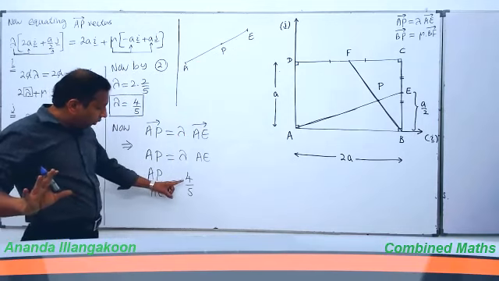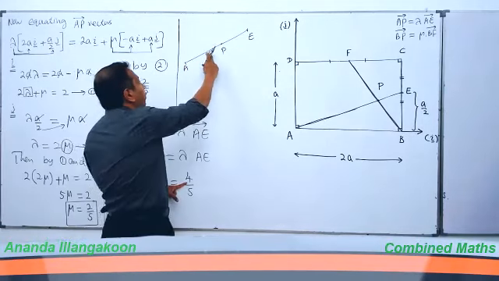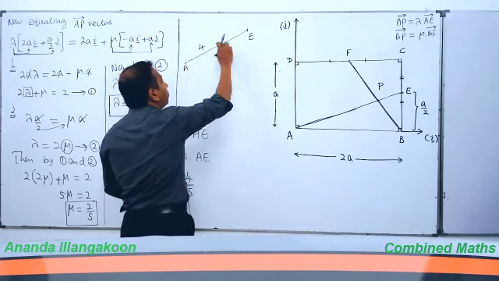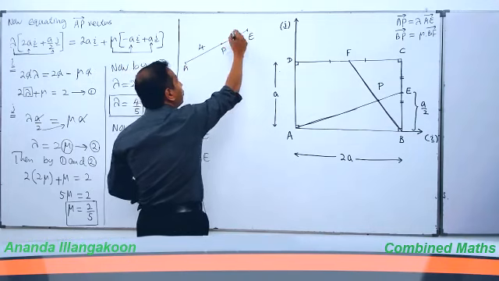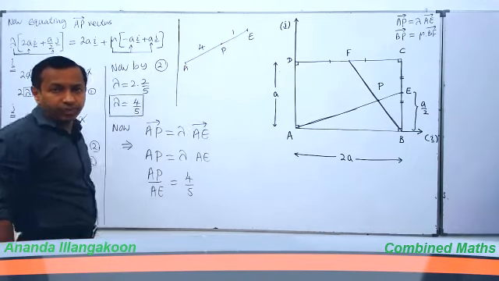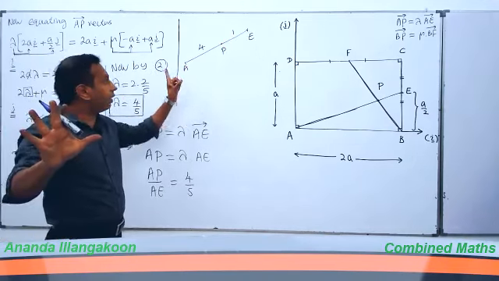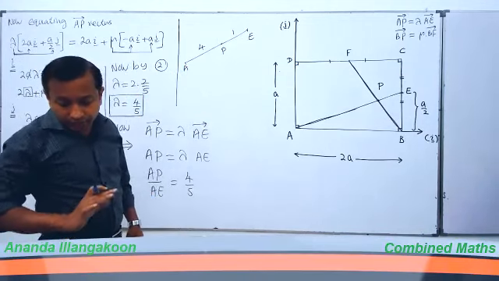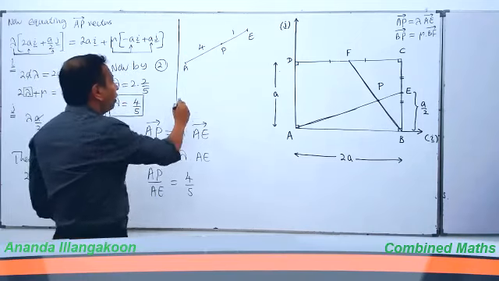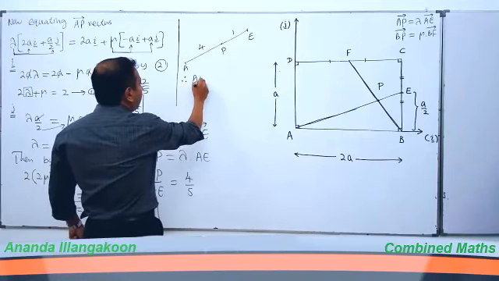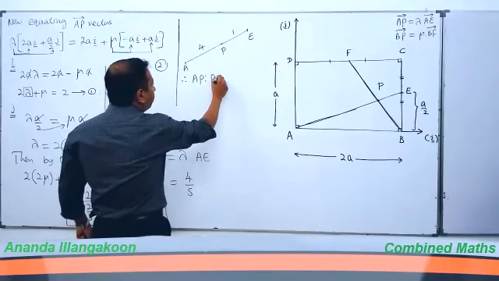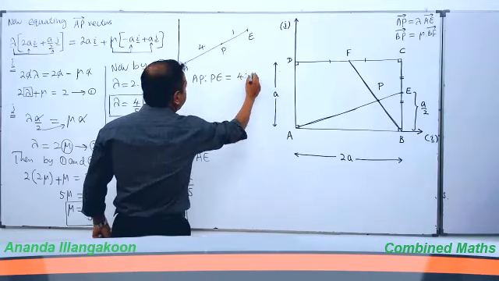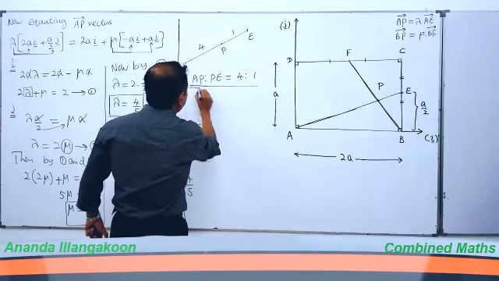A to P is 4 units. That means when AP is 4 units, and A to E is 5, PE should be 1. Then we can write the AP to PE ratio. Therefore, AP is to PE ratio is 4 is to 1. That way we can answer it.